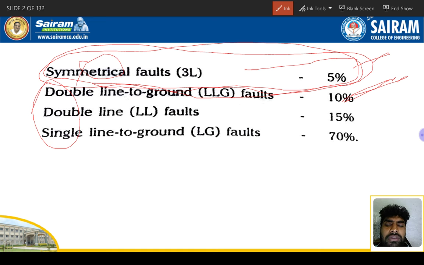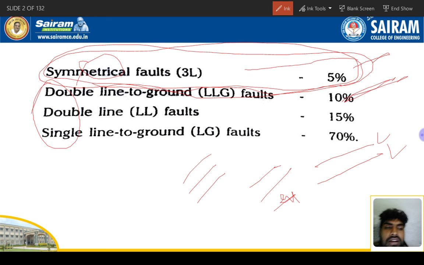For example, if two wires touch each other, or if a bird touches both the wires, we can call it an LL fault. In the symmetrical fault, three lines are involved. For double line to ground, two lines and the ground are involved. For the line to line fault, only two lines are involved. And for the single line to ground fault, one line and the ground are involved.